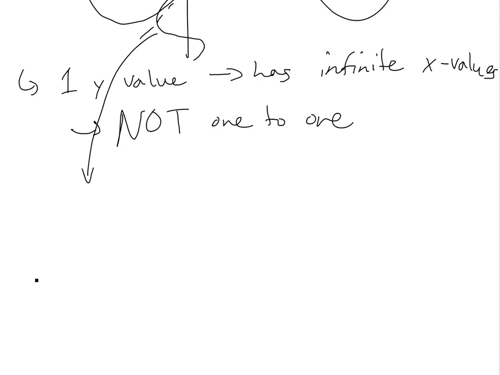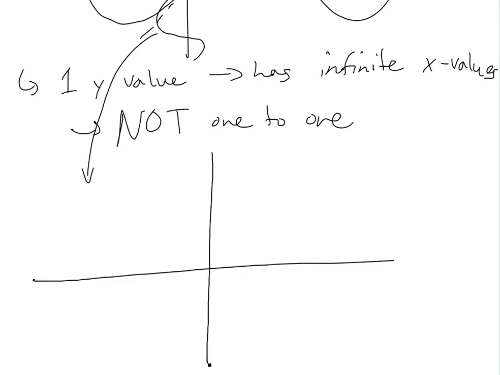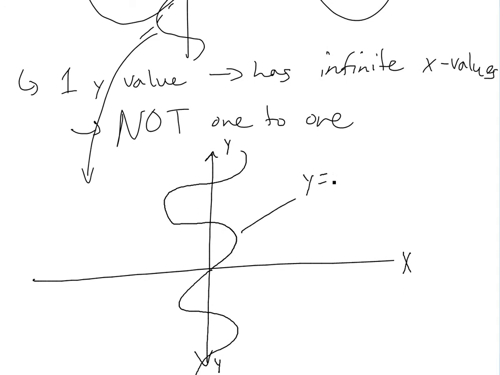So this is y, and it's x. We have something like this, and it goes on forever.